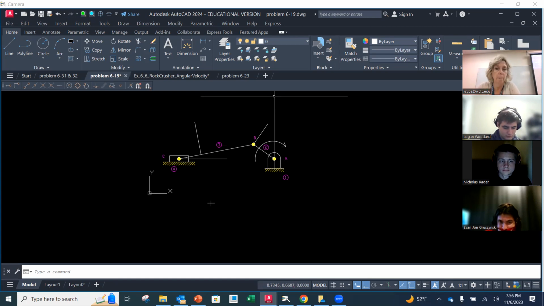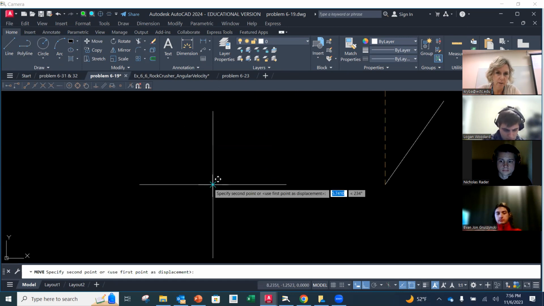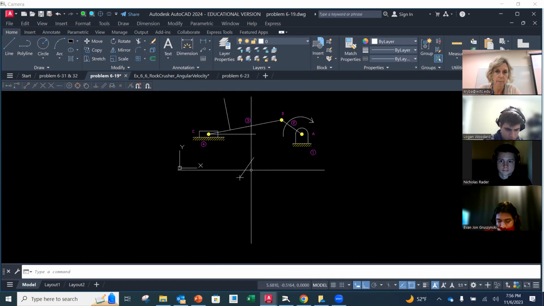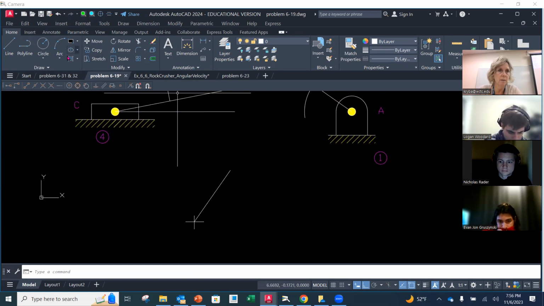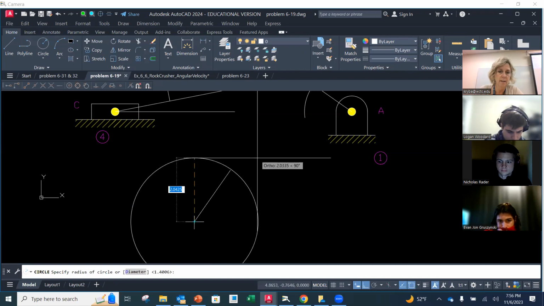2.4084. Okay. So I am going to move my line. Move. Okay. I'm going to start at that endpoint. I'm going to put it down at the intersection right here. Okay. And now I'm going to draw a circle with a radius that is going to be equal to 2.4084.